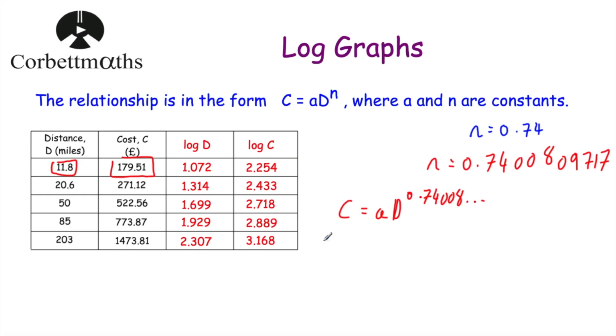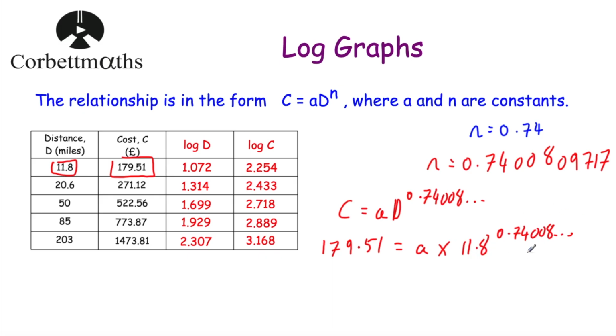So instead of c, we've got 179.51 is equal to a multiplied by d, which is 11.8 to the power of 0.74008, and so on. Okay, this is fantastic. We now just need to work out what a is, and this is a little equation here. So I'm going to work out what 11.8 to the power of this is.